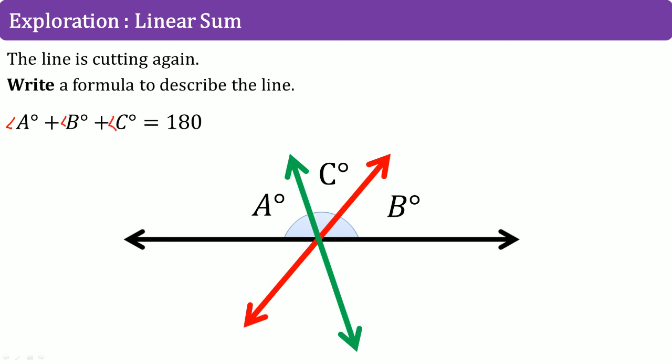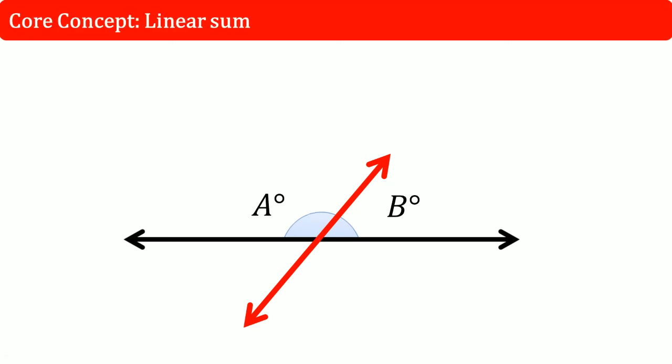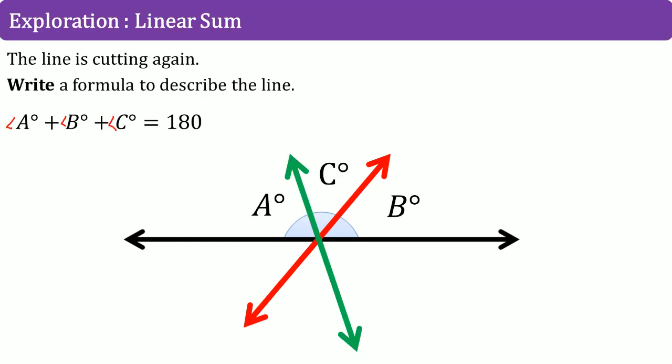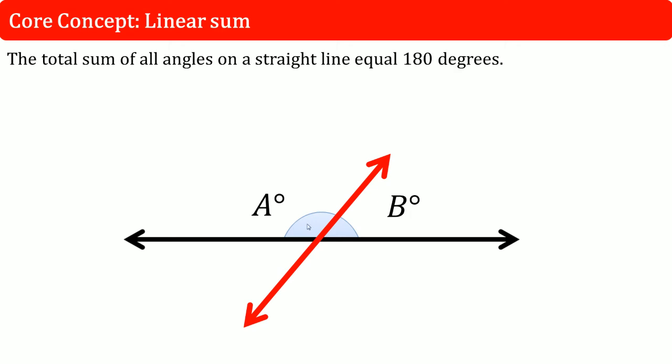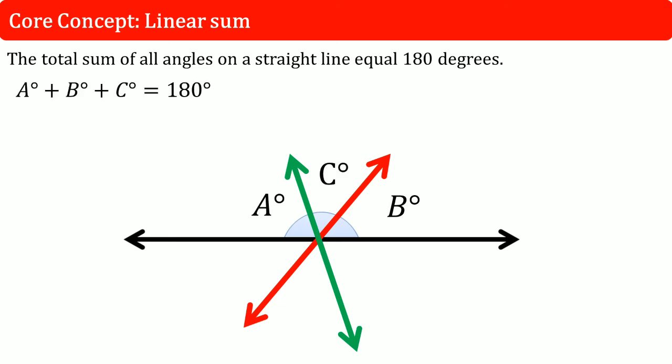Rather than call this a linear pair, we call this a linear sum. The reason why this is called a linear sum is because the total of all the angles on a straight line equals 180 degrees: angle A plus angle B plus angle C. This is not called linear pair because the linear pair is only made up of two angles.